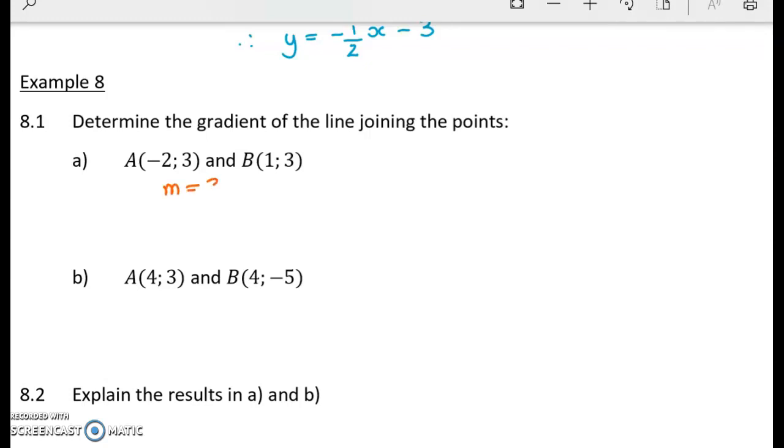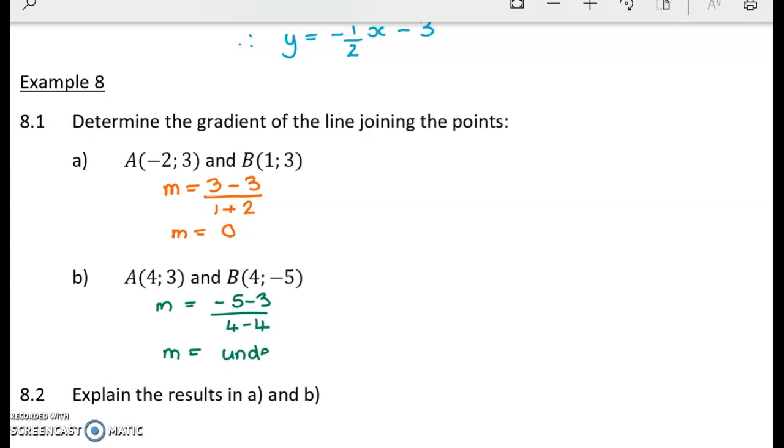Okay, can we work out these gradients? 4 minus 4, now that raises 5 by 0.